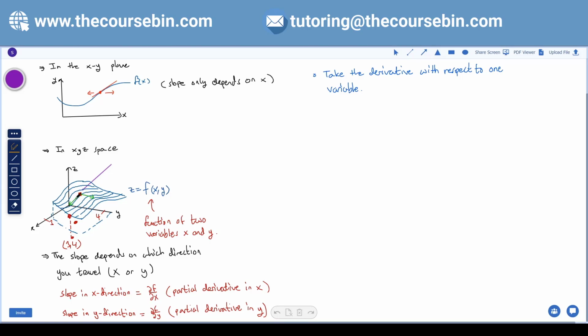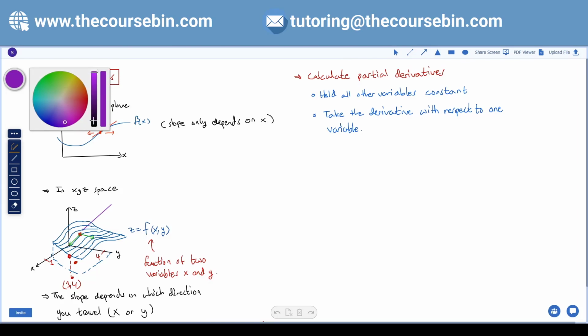So when you take the partial derivative with respect to y, all the x's go to 0.